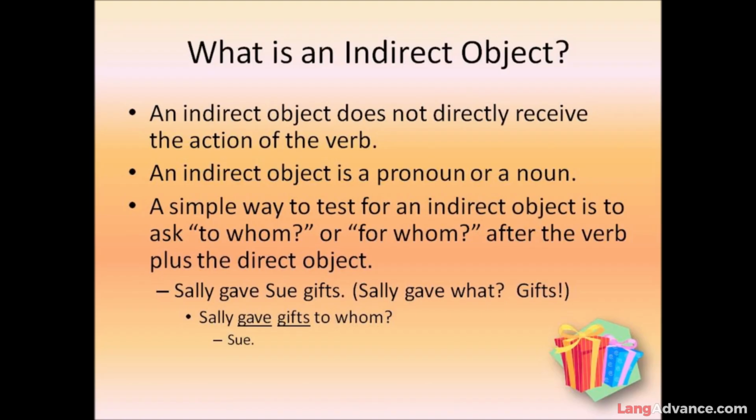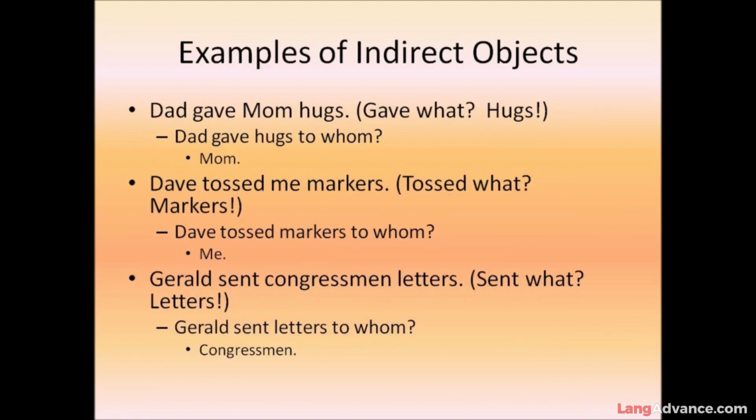I'll show you how that works. Sally gave Sue gifts. If we're looking for the direct object, we would ask, Sally gave what? And the answer is gifts. Then if we want to find the indirect object, we could ask, Sally gave gifts to whom? And the answer is Sue. Okay, so Sue is the indirect object.